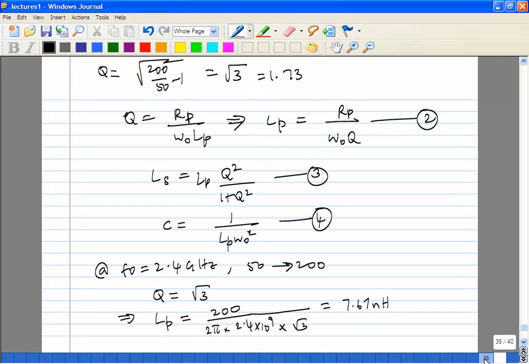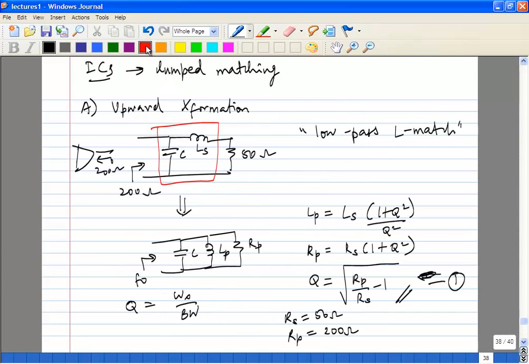So this is 5.75 nanohenry, and this is 0.57 picofarads. Okay, these are pretty practical values actually for implementing on-chip matching.